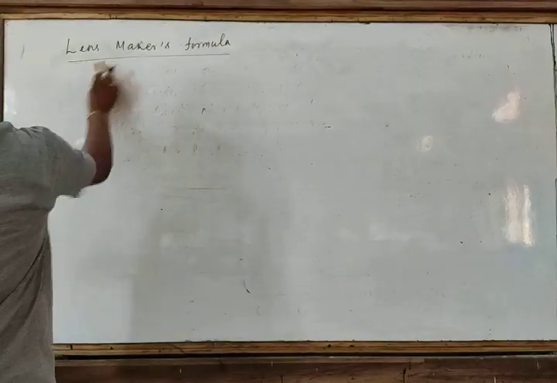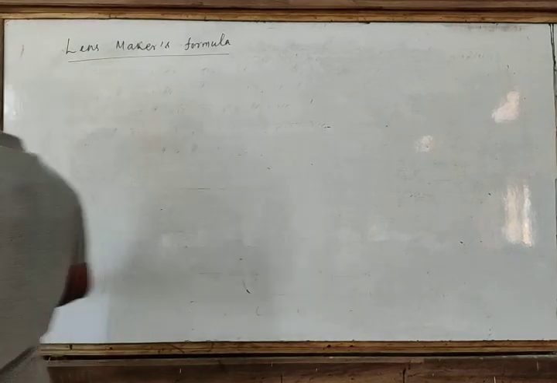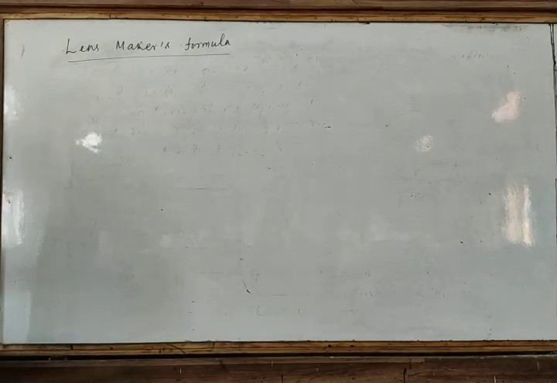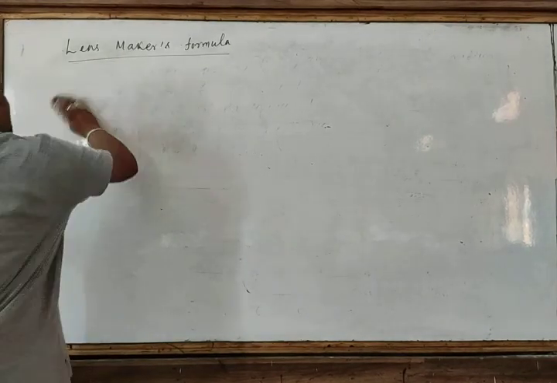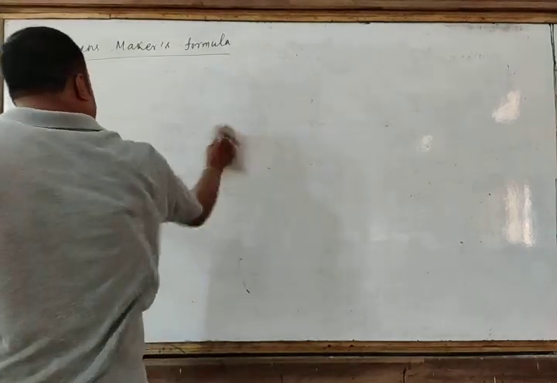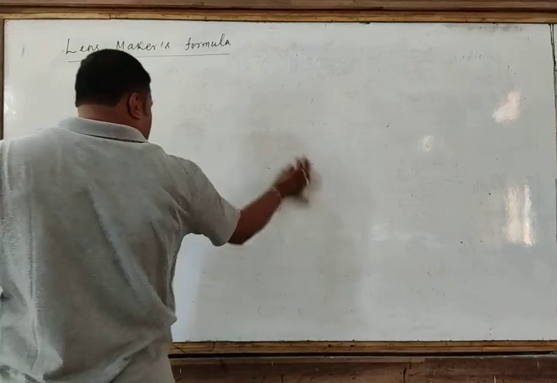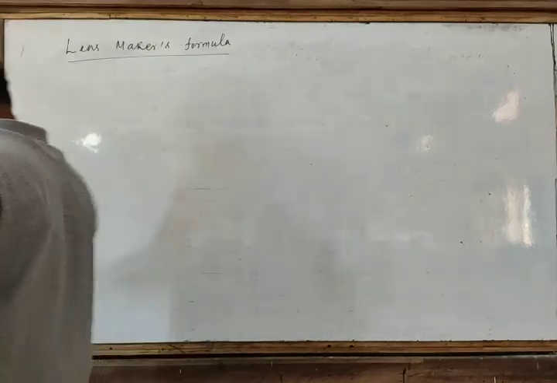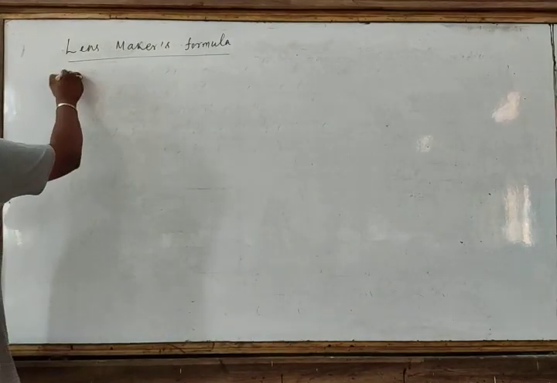While using this Lens-Maker's formula, just as with the refracting surface, we use some assumptions. So what are the assumptions?